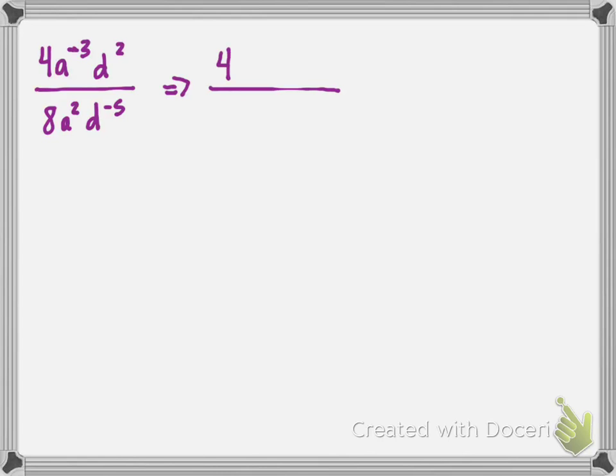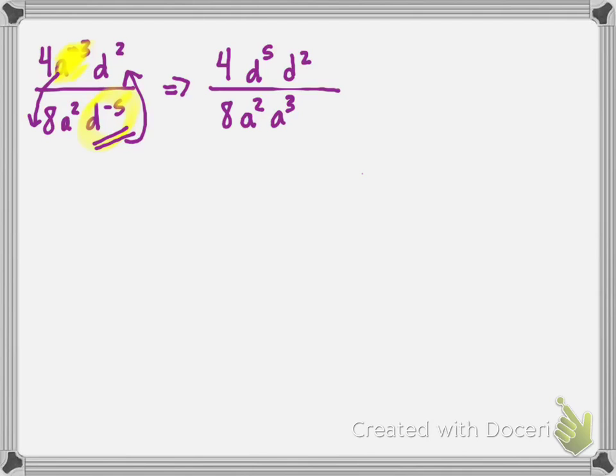My 4 is fine, my 8 is fine, a squared on the bottom is good, d squared on the top is good, but this one is a negative exponent, and that's not okay. This one on the bottom also has a negative exponent, so I need to fix that. To take a to the negative 3rd and make it positive, I just put it on the other side of the fraction. If it's on the top, it moves to the bottom. d to the negative 5th, to make it positive, I just move it to the top. Nothing else changes, just the exponents that are negative.